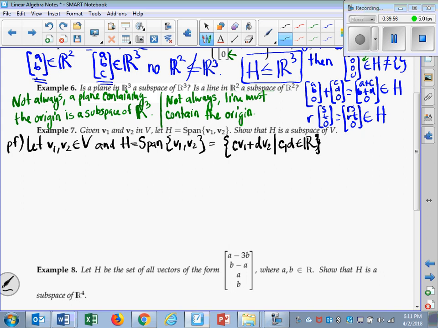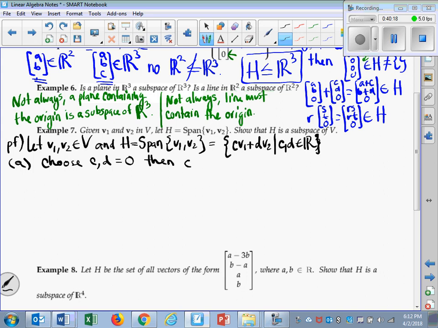Now we want to show that H here is a subspace of the original space V. So for part A, we want to show that the 0 vector is in H. So I'm going to say choose c and d to be equal to 0.